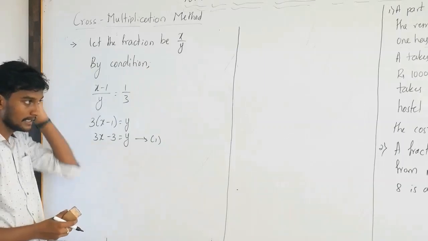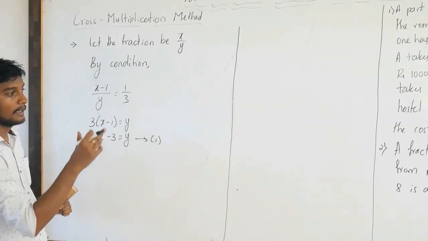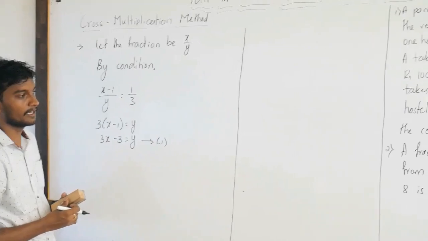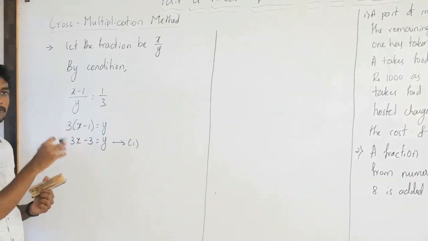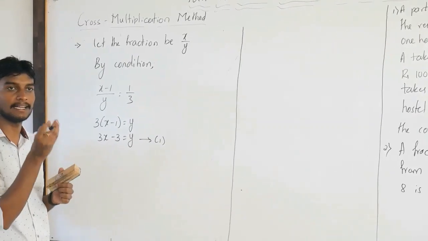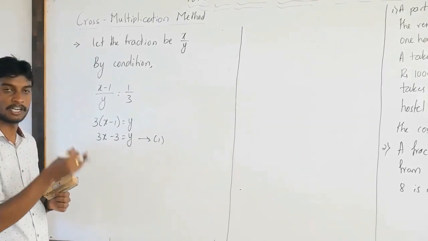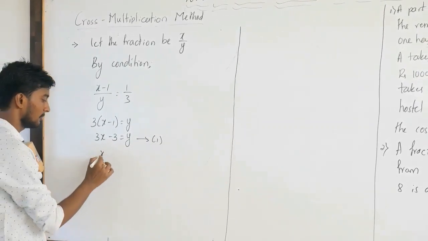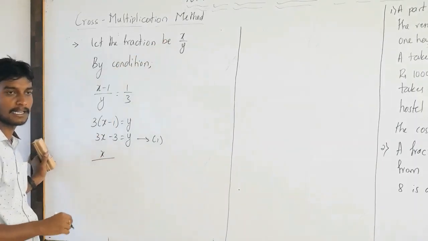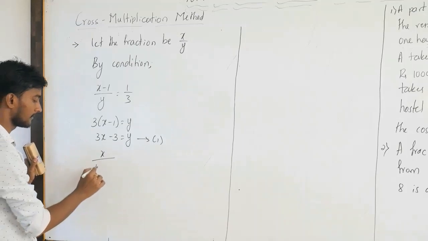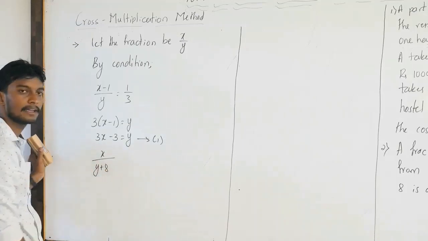The next condition is that it becomes 1 divided by 4 when 8 is added to the denominator. So the numerator you have to keep as it is; in the numerator we have x. In the denominator we have to add 8.